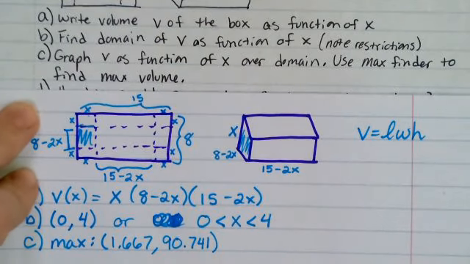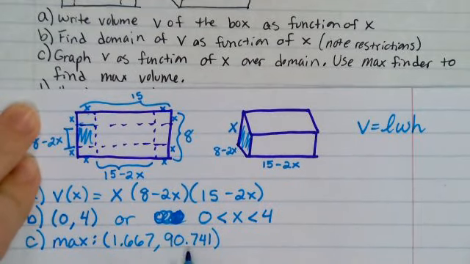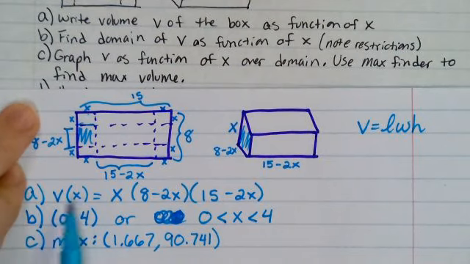So they said use your max finder to find the max volume. So which one of these is going to be our volume? Remember that my function, v of x, v is my volume, right? And whenever you have a function f of x or v of x or whatever, that's indicating your y.